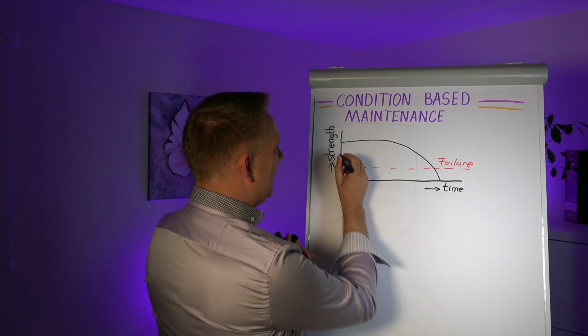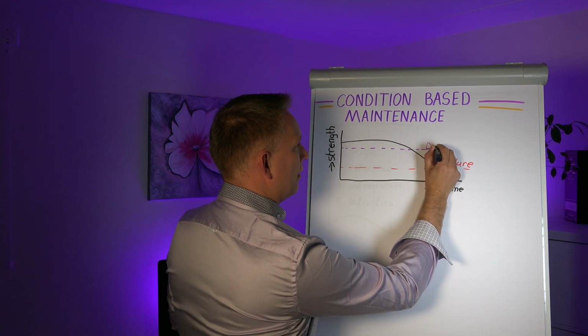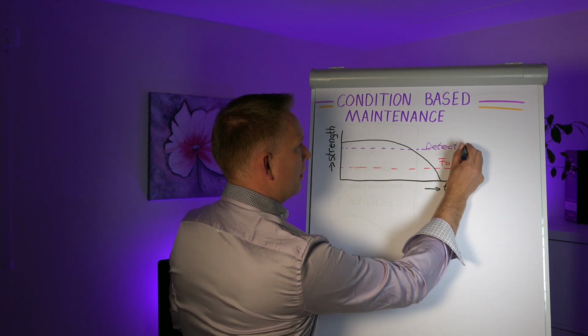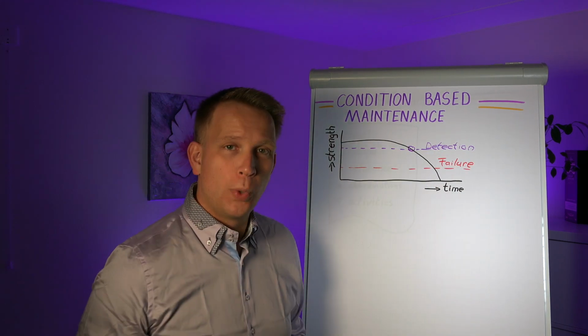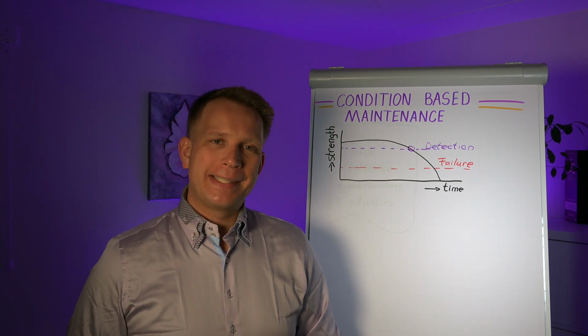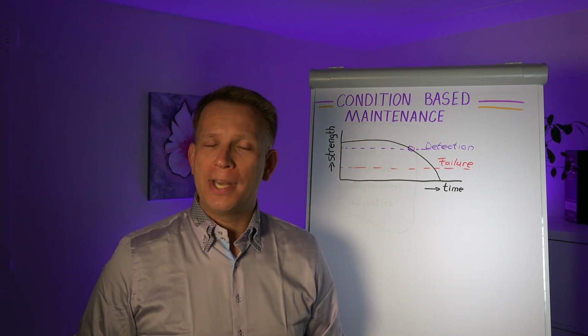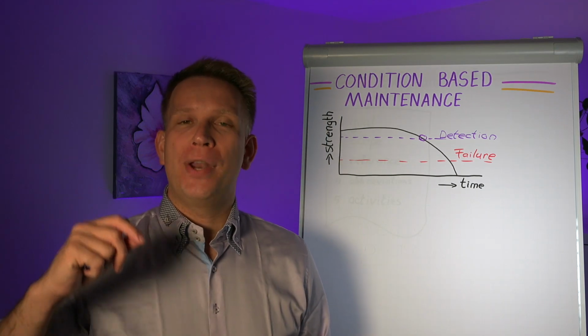And so we need to get another line where we can detect it, so that if it hits this point, we know we have to replace it. Now, that means we do need to know quite a bit about our system. Condition-based maintenance is not easy to set up.